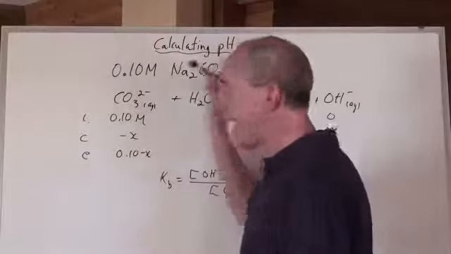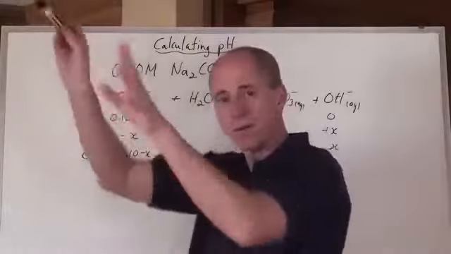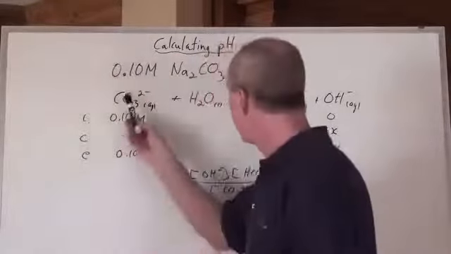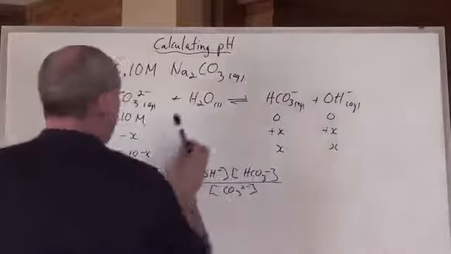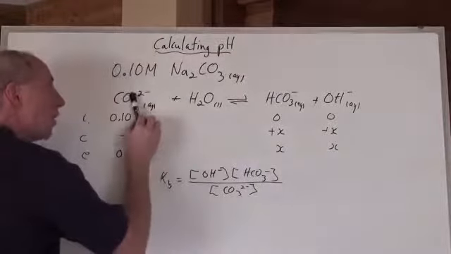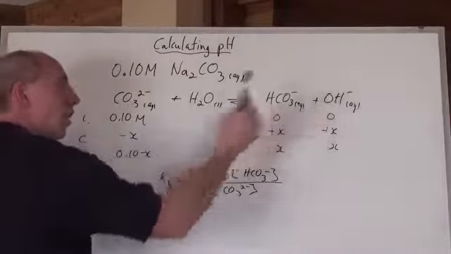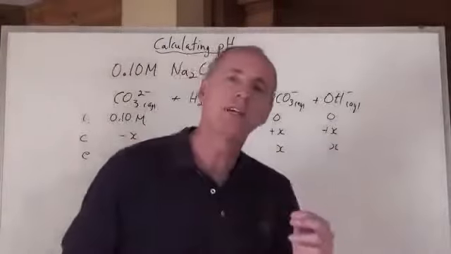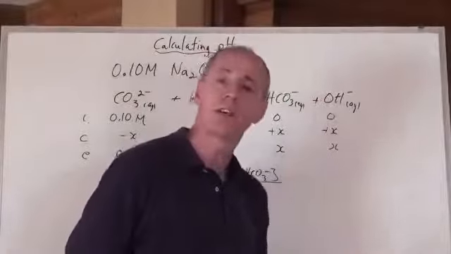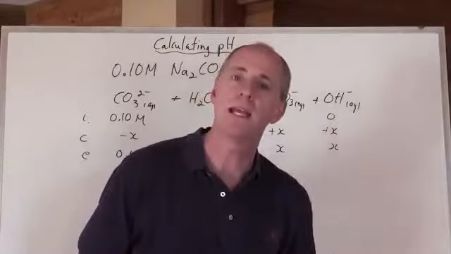So carbonate is the active ingredient here, the sodium, goodbye. Carbonate, when it hits water, takes a proton from water and turns into bicarbonate, and the water turns into hydroxide. If you could calculate the concentration of the hydroxide in solution, you can find a pH.